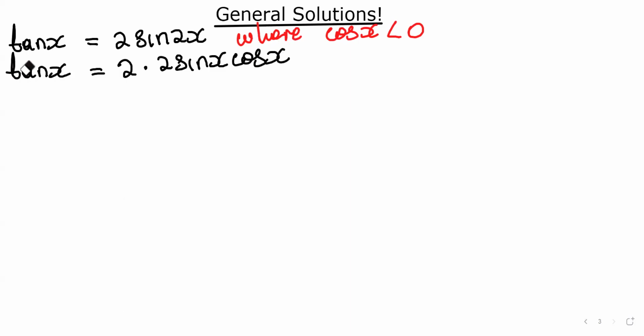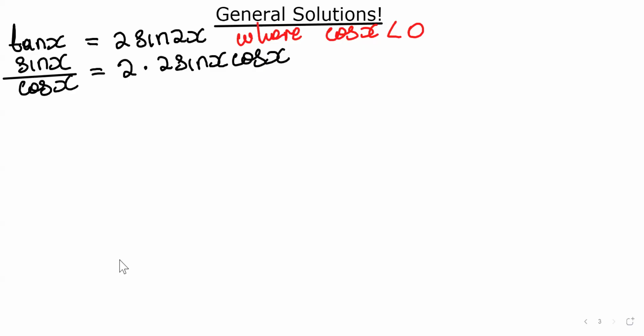But then now we are going to have tangent, and we have sine and we also have cosine. So how do we resolve this again? Well, we can simply say where we see tangent, we actually see sine x divided by cosine x. Okay.